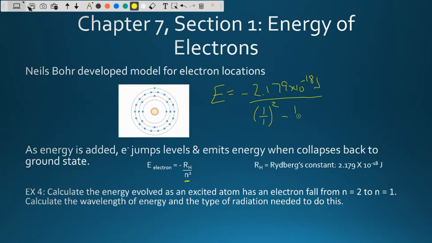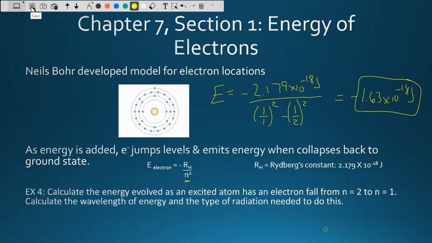And so minus 1 to the energy level from going from energy level 2 squared. And so we end up with a value at the end. Now remember, there's a negative in here because it's energy given off of 1.63 times 10 to the negative 18th joules. Okay, that's all I need to do with that.